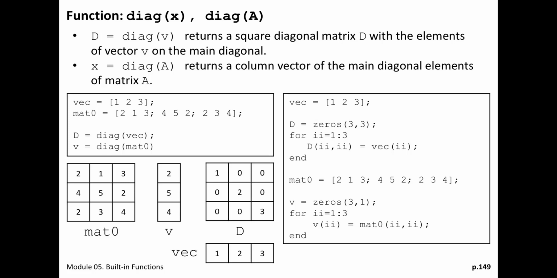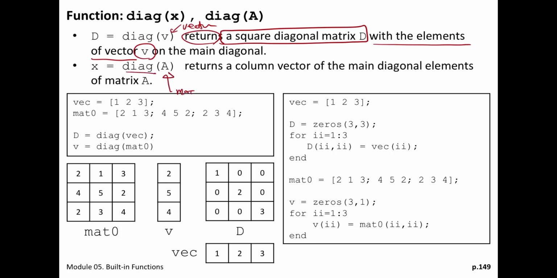If the input is a vector, it returns the square diagonal matrix D whose diagonal elements are V. If you put a matrix in the diag function, it returns a column vector of the main diagonal elements of the matrix A. Okay, so let's see this example.